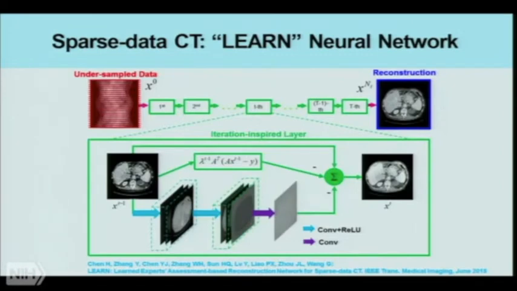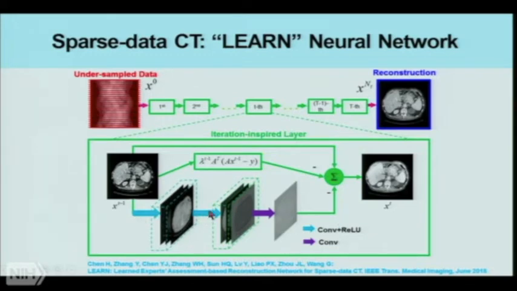And sparse data CT is another good example. We implemented a learned neural network, where LEARN really means learned experts assessment-based reconstruction network. We unravel the iterative process into 10 stages. And in each stage you still have a regular iterative formula. Then in parallel to that arm, you have a neural network arm.